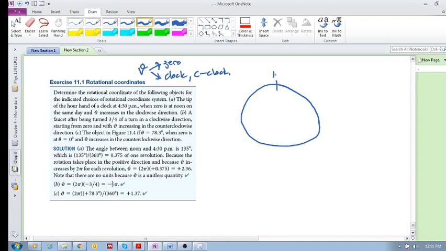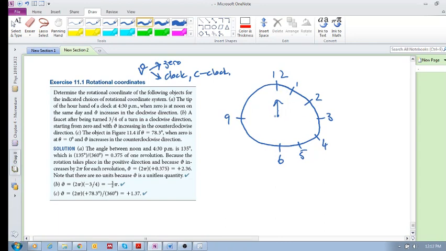That's 12, that's 3, that's 6, 9, and then that's 1, 2, 3, 4, 5. So the hour hand starts there at noon. The 0 is at noon, so that's the origin, and it increases in the clockwise direction.